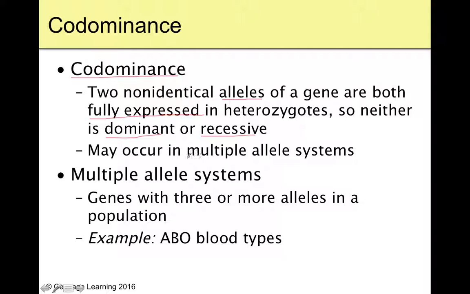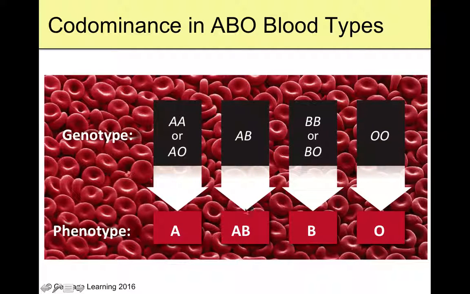This can occur in some multiple allele systems. We have lots of multiple allele systems. They're any gene where you have three or more alleles, and our most common one that we're familiar with is called the ABO blood typing in humans. So here's what this looks like. If you have A blood, you might have gotten an A allele from mom and an A allele from dad.